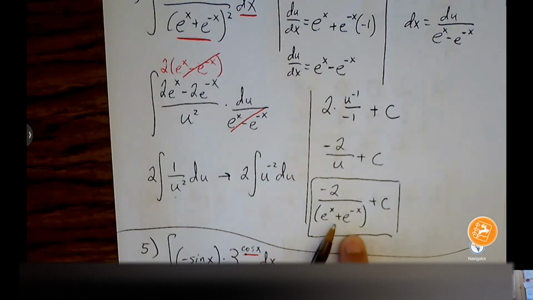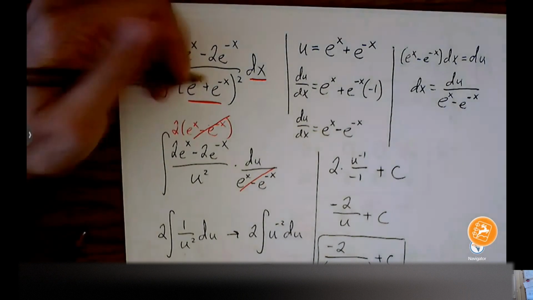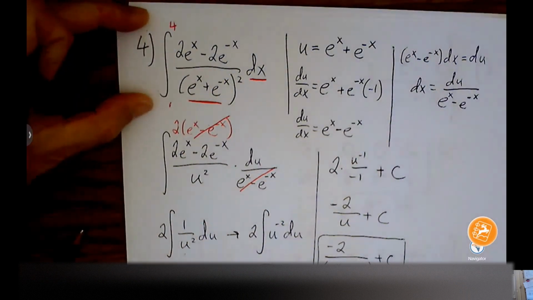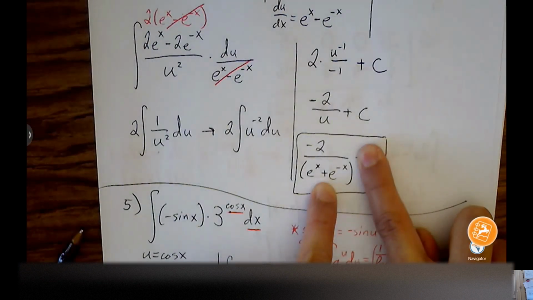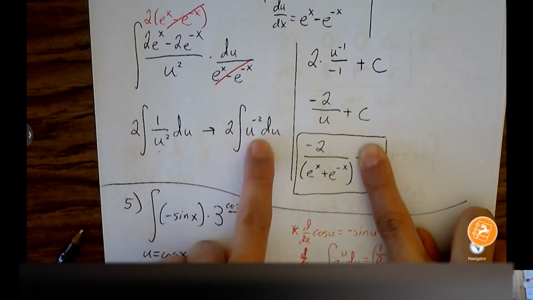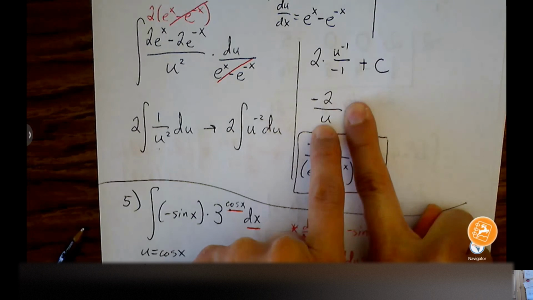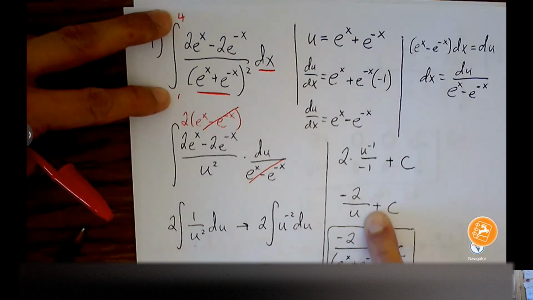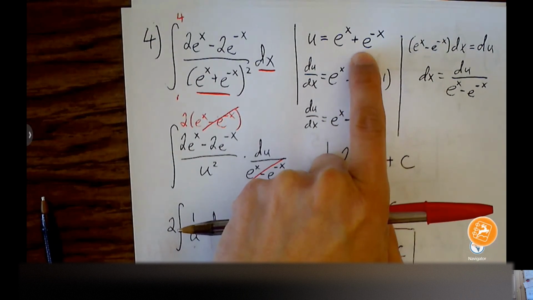That just means, let's say the bounds were from 1 to 4. Then you can use these original bounds with your expression in terms of X. There's no need to adjust the bounds. But if you wanted to evaluate the bounds at this stage, then you have to change the bounds to be in terms of U, plug it into U here.